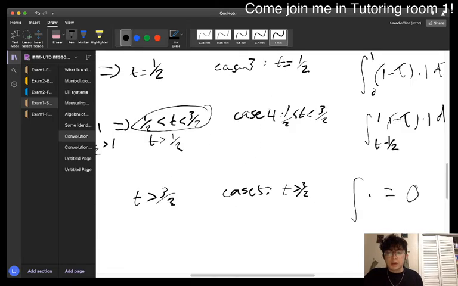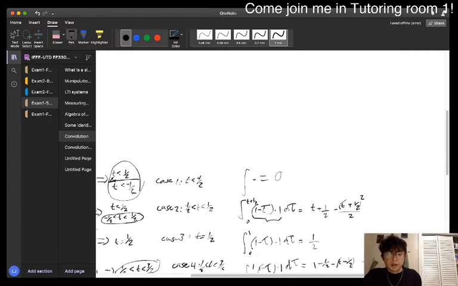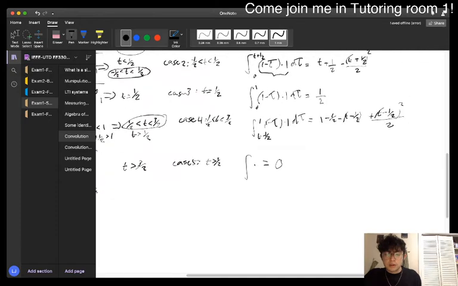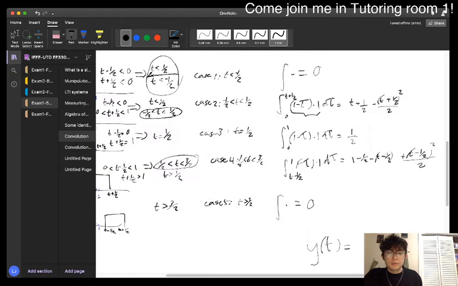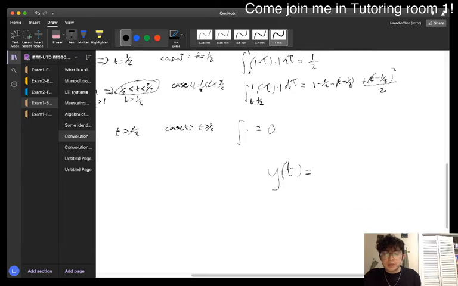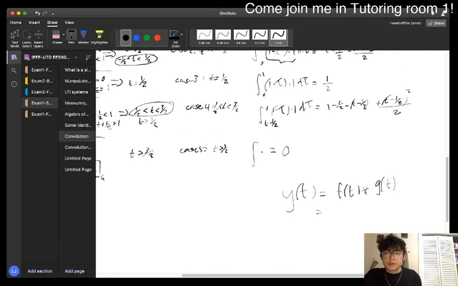So basically that's our function. We can write our final output, y of t, being f of t convolved with g of t, and this is equal to this piecewise function, where it's all of these different behaviors.